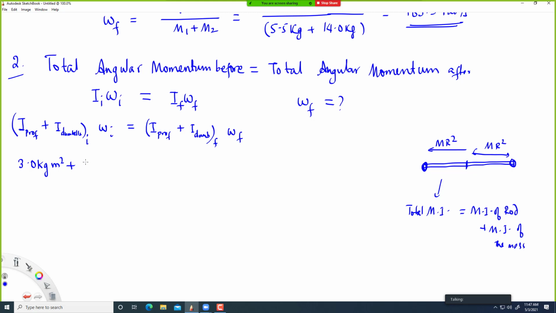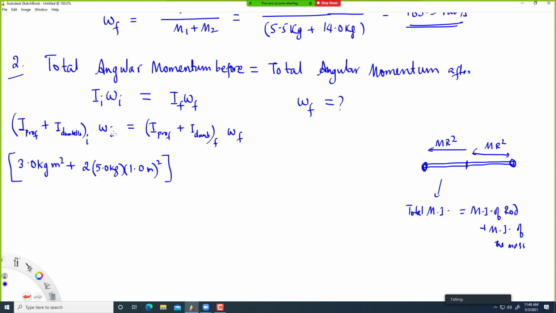So that means 2 times, because there are 2 dumbbells, 2 times the mass of the dumbbell, 5 kilogram, times the distance of the dumbbell from the center of the body squared. When the arms are stretched, it's 1 meter from the center. And that's the total moment of inertia.